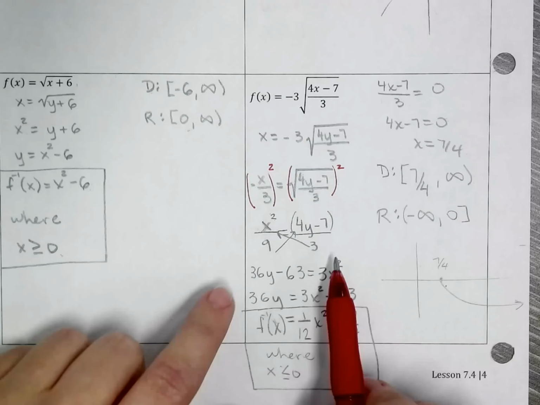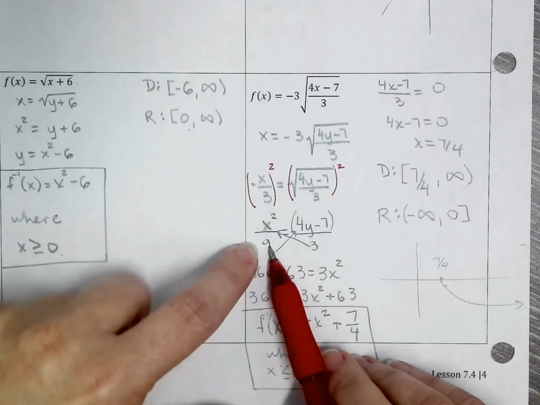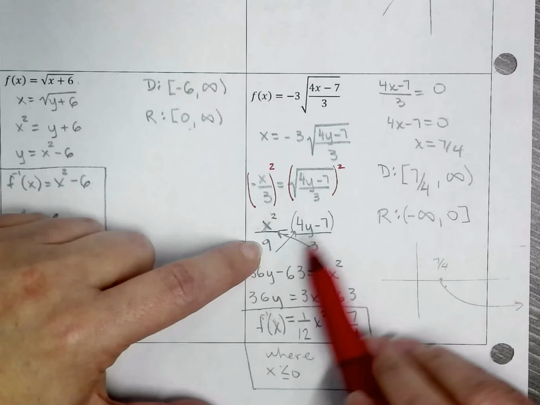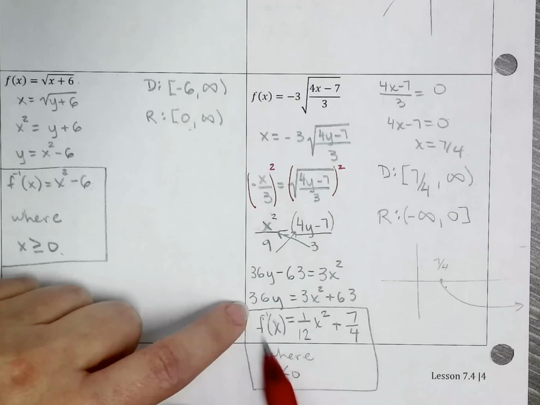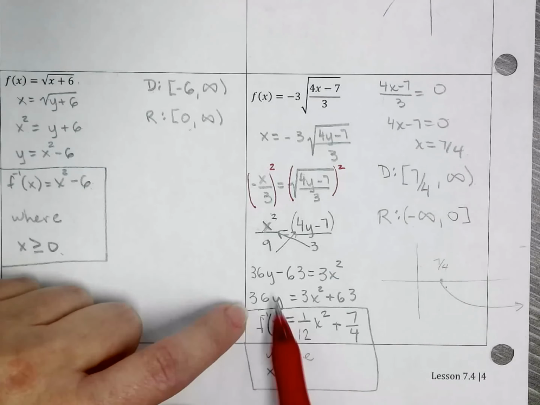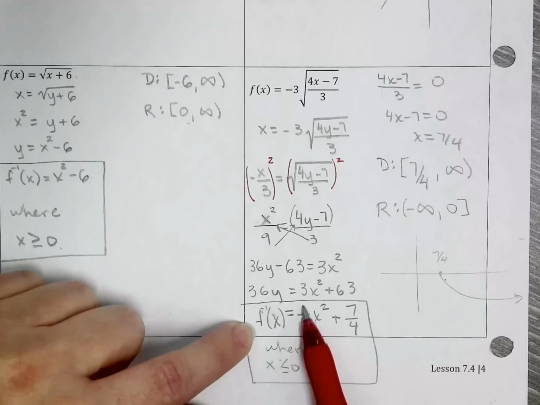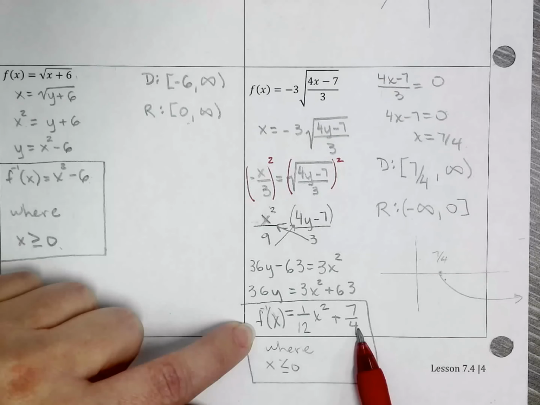Cross multiply, so I got 3x squared right there, and then I multiply 9 times 4y, I got 36y. 9 times 7, I got negative 63. Then we're solving for y, so plus 63 there. Divide everybody by 36. Remember to simplify the fraction. And here we are with the 7 over 4, right there from its inverse.